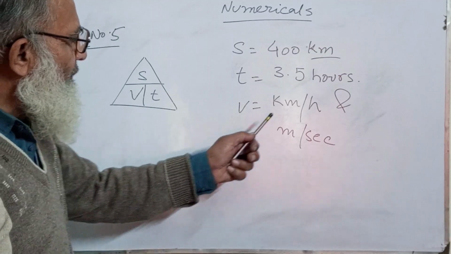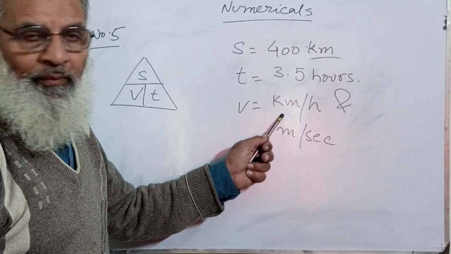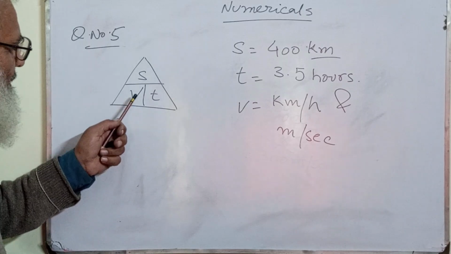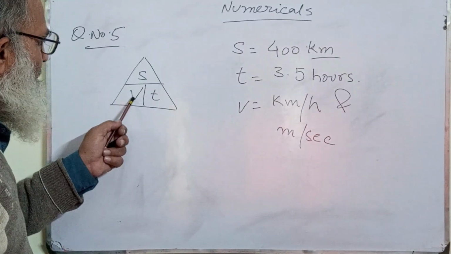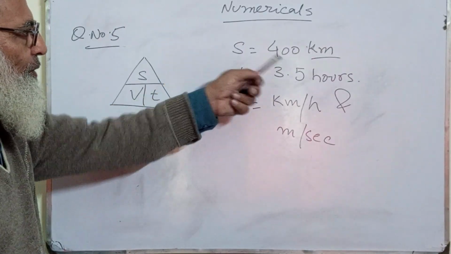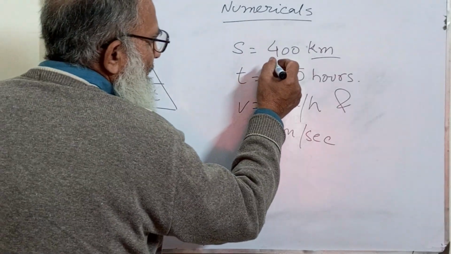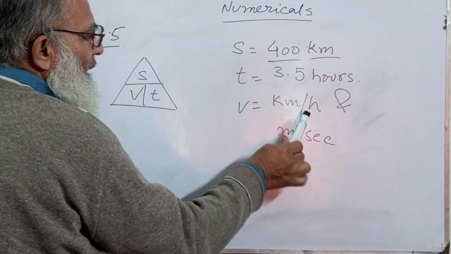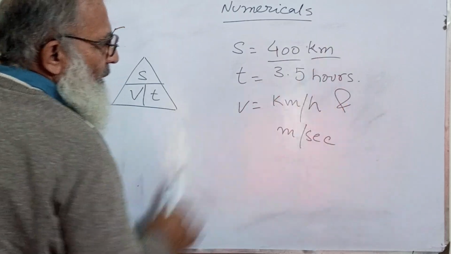The first part is very easy. If we just consider this triangle, V is S upon T. Just divide these two, and it will become kilometers per hour.